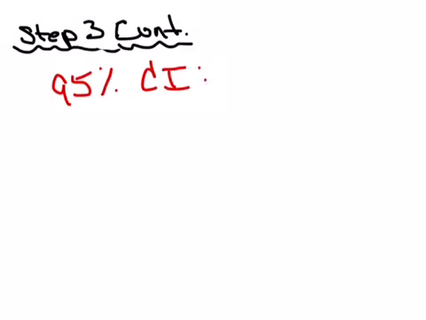If you remember, for independent t, it's mean 1 minus mean 2, plus or minus, because it's two-tailed, your t crit, times our estimated standard error of the mean difference.